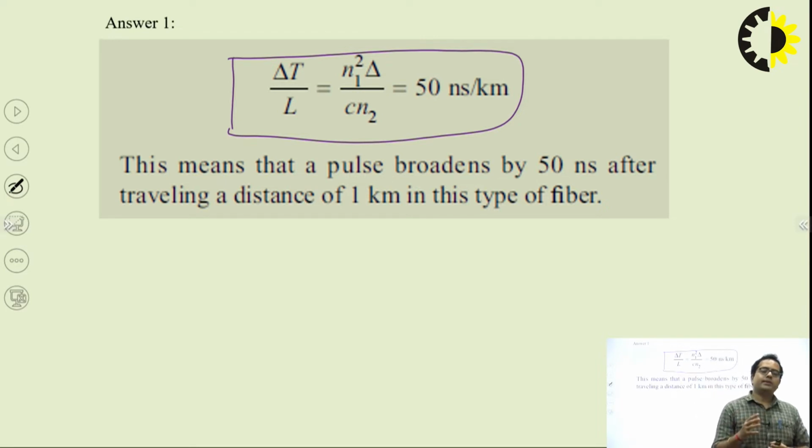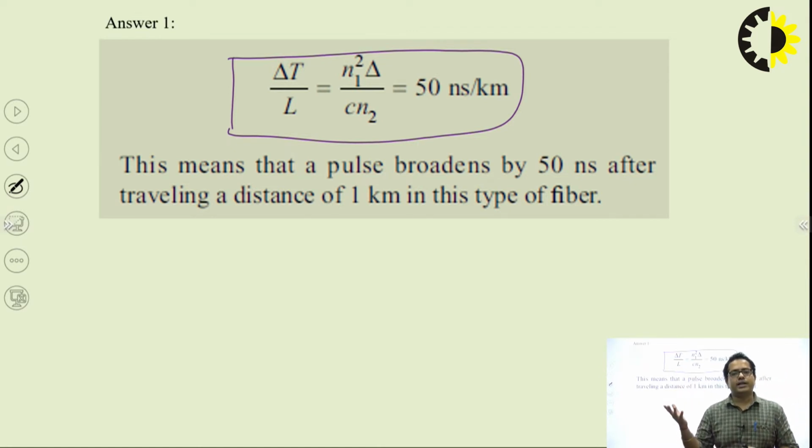In that multimode optical fiber, we are assuming that there is an axial ray as well as a meridional ray. Whenever these two rays propagate through the optical fiber, the meridional ray is going to propagate through total internal reflections.